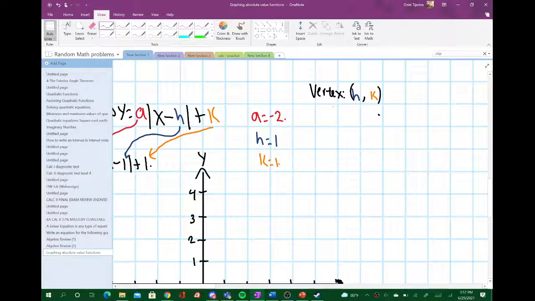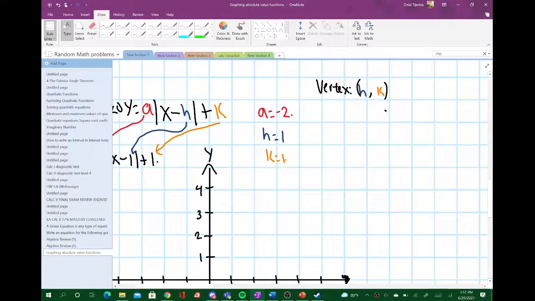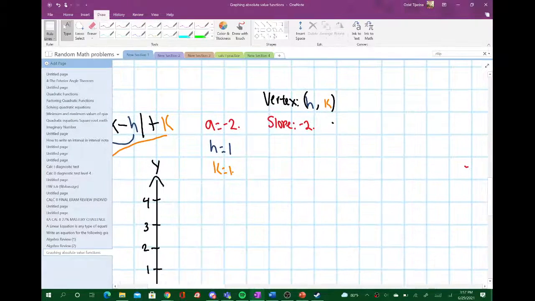And then the slope, which is your a value, is going to be -2. And your axis of symmetry is going to be x equals h.